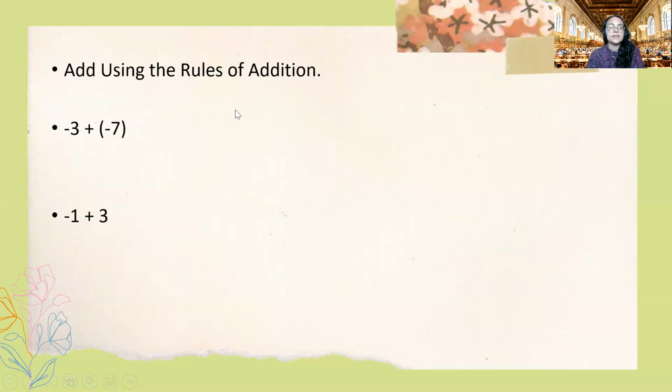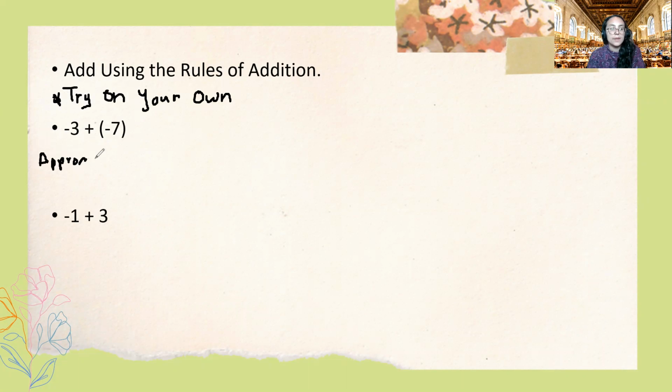So here we're asked to add these using the rules of addition that we just discussed. I would like for you to try these on your own and use all of the rules that we just learned, and also use your knowledge of absolute values to be able to solve these. So remember the approach.